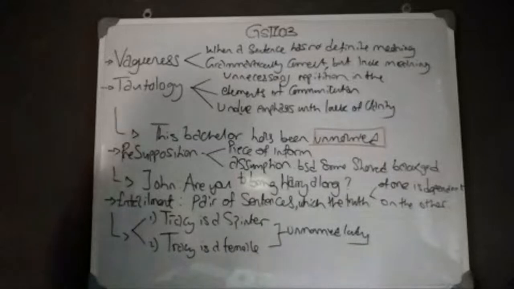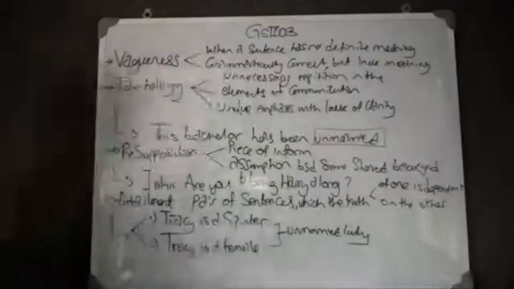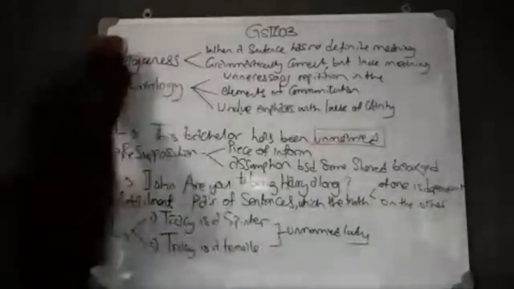Now, let's talk about anomaly. Anomaly results from the combination of two semantic features that are not compatible in describing a phenomenon.